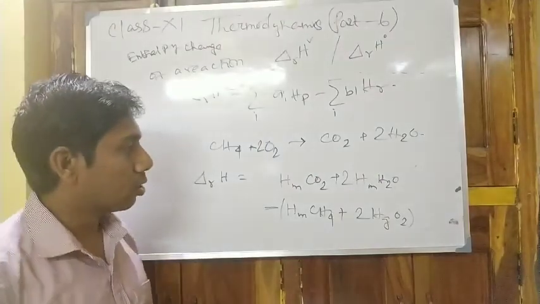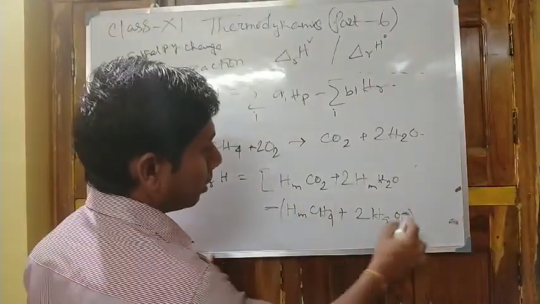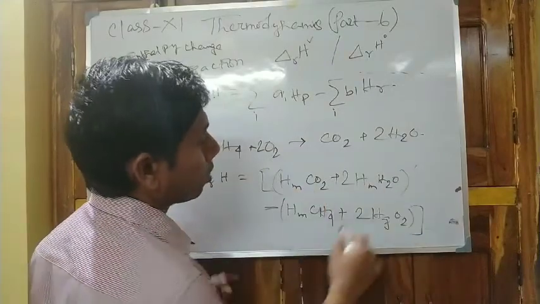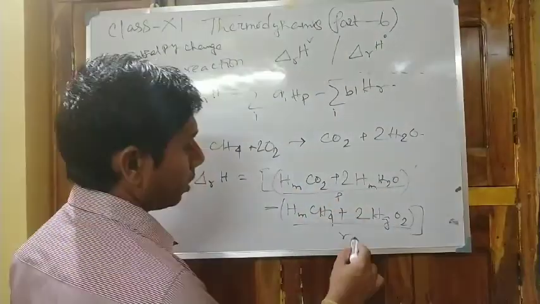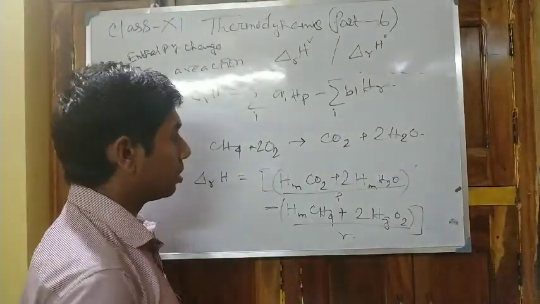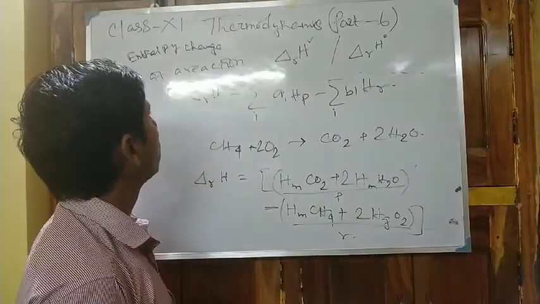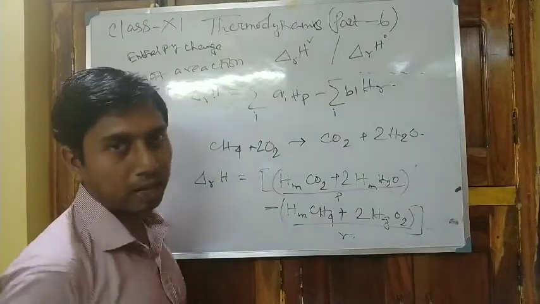This is from the product and this is from the reactant. So it is the expression for the enthalpy change of a reaction.